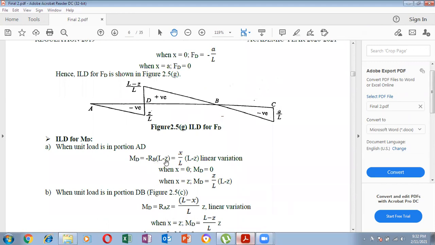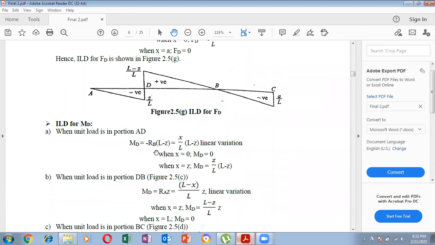Already we have the value for RB, that is H by L. Substituting this and applying the boundary condition, when H is equal to 0, anything multiplied by 0 will become 0. So moment about point D is 0. When H is equal to Z, moment about point D is Z by L into (L minus Z).